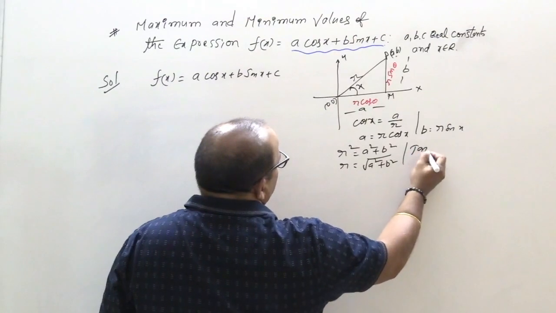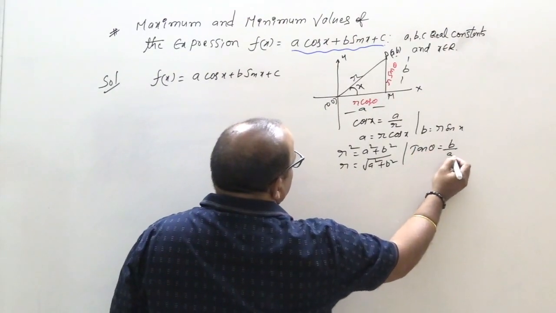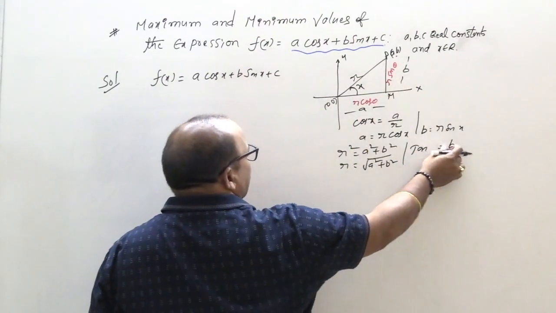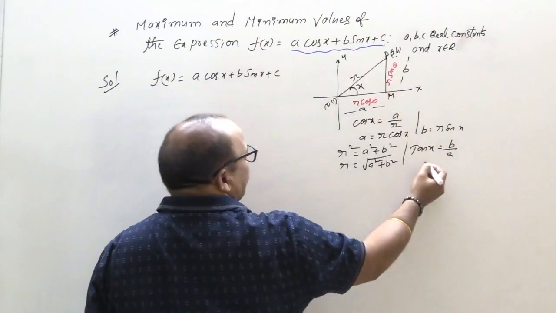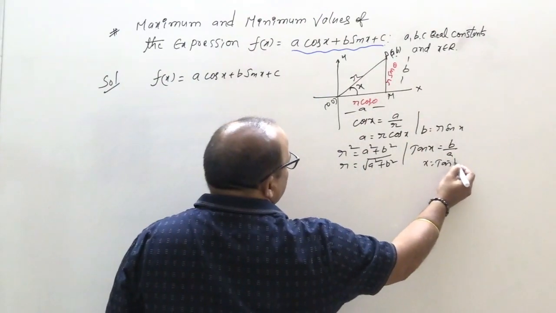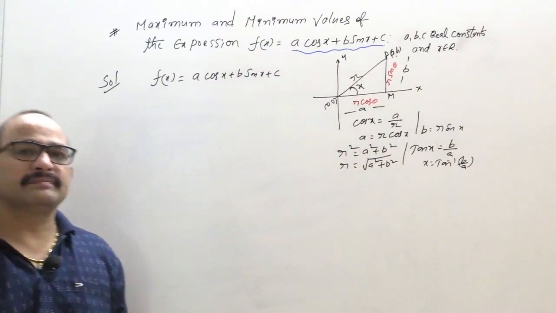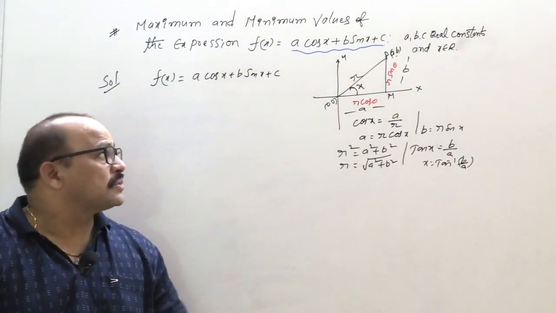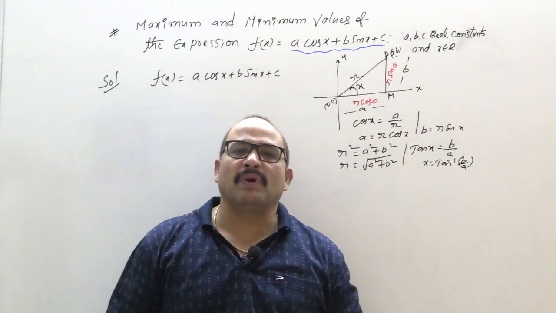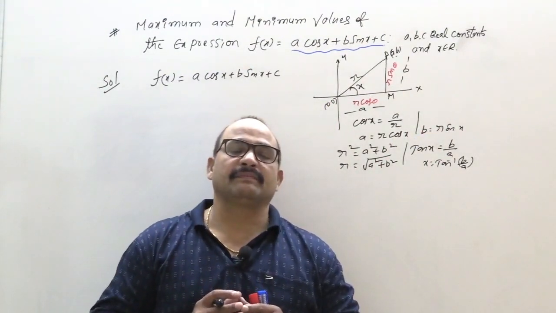What is tan theta, students? Tan theta, meaning theta, which is nothing but the angle x, is b by a. This is the concept. So this entire thing is the polar coordinate system.